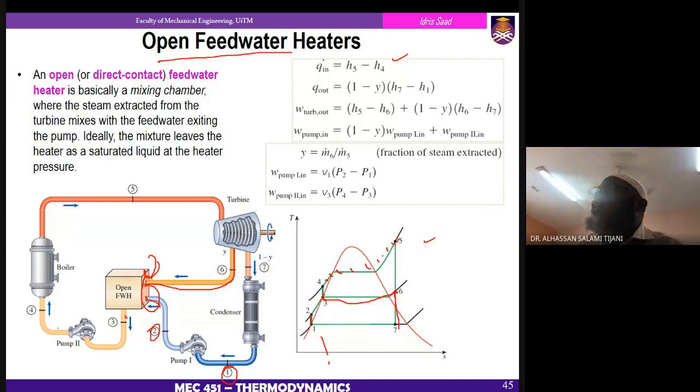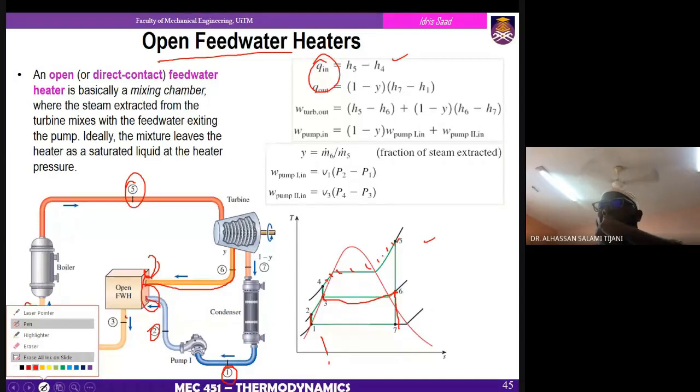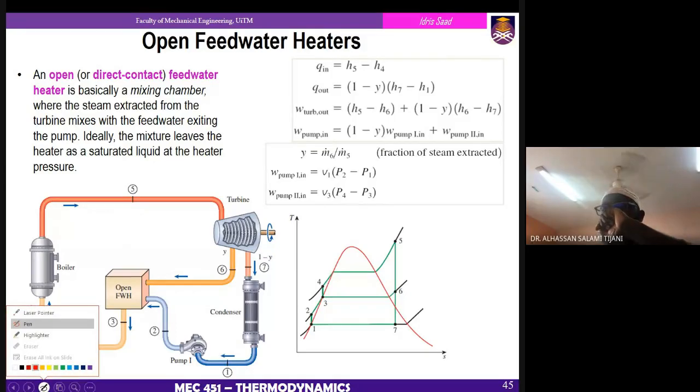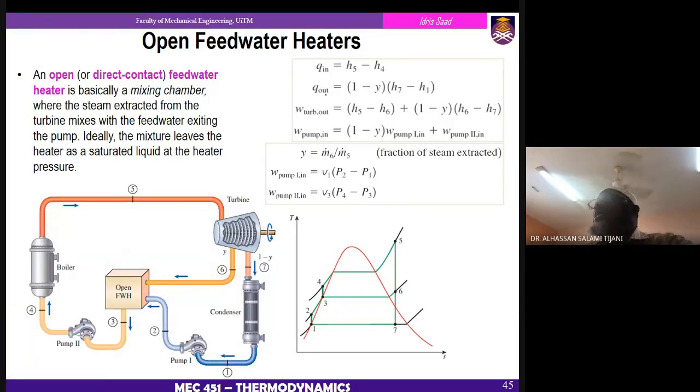So eventually we have Q in equals the difference in enthalpy, that is H5 minus H4. And the Q out is going to be a function of this.